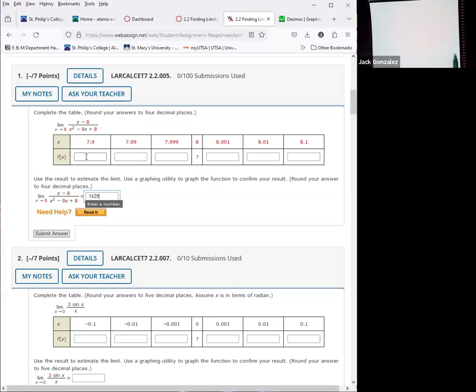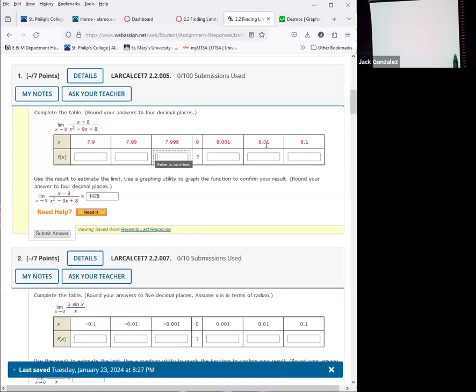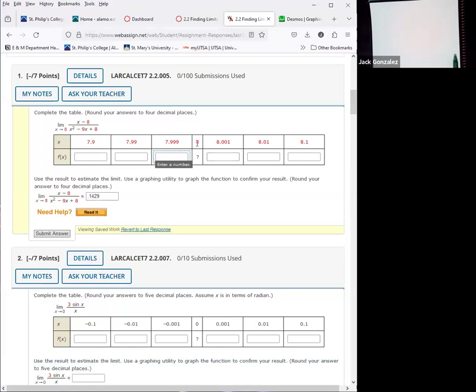So what they're doing is having you plug in values closer and closer to 8 on the left side, because 7.9, 7.99 is closer and closer to 8 from the left. 8.1, 8.01, 8.001 is closer and closer to 8 from the right side. But we're not plugging in 8.